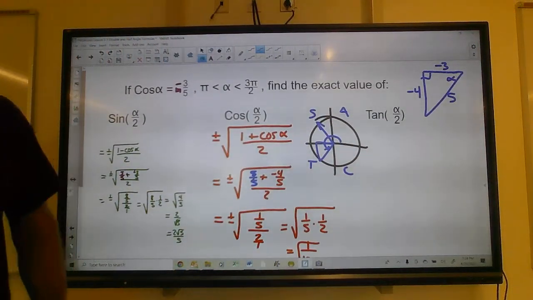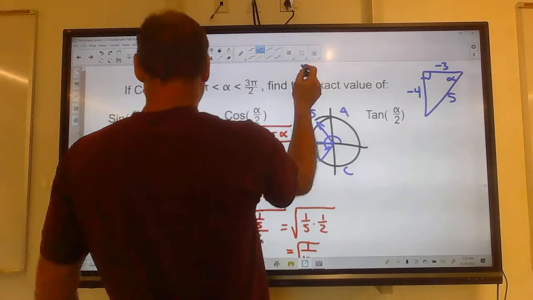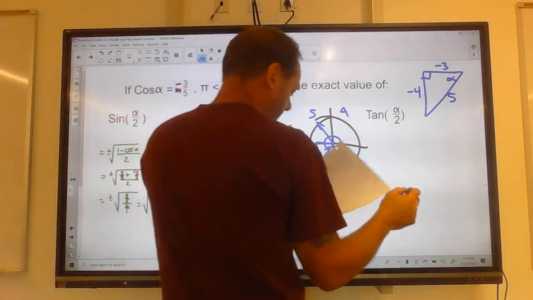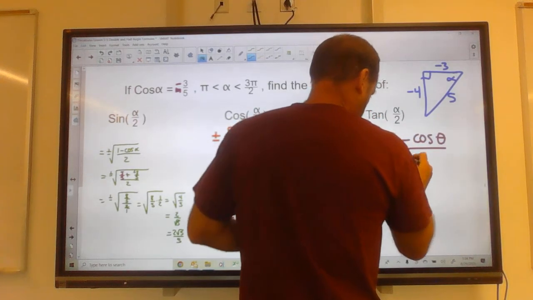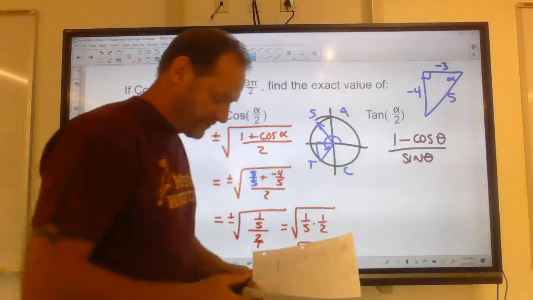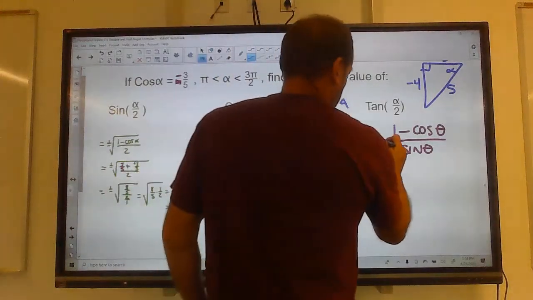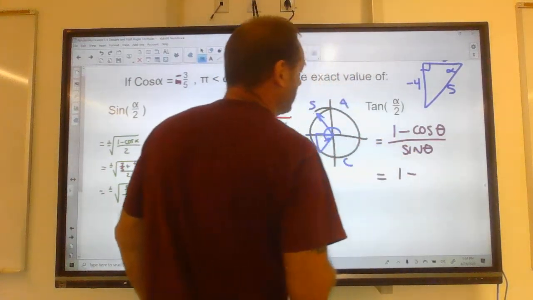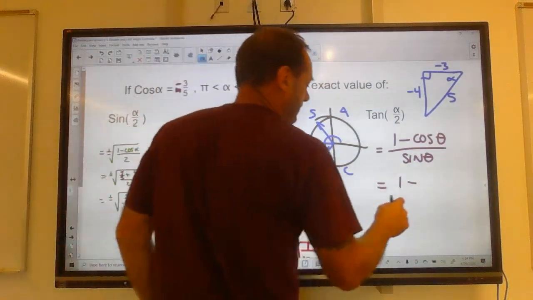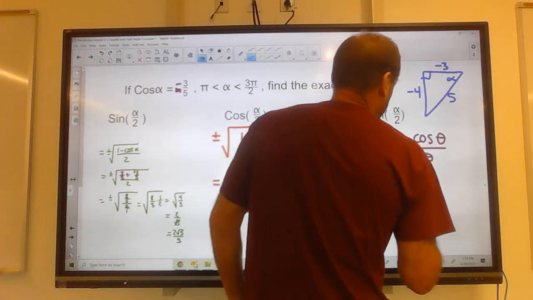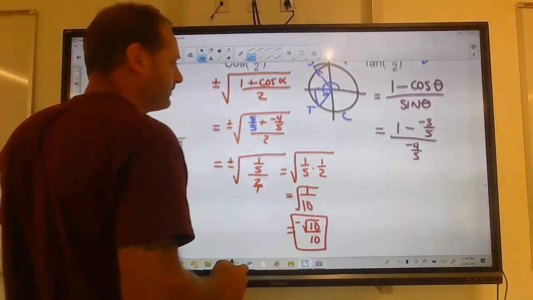Okay, finally the tangent. So the half angle formula, this is going to be 1 minus cosine theta over sine theta. This is actually the easiest one here. So the cosine, this is going to be 1 minus the cosine, which is negative 3/5, over the sine, which is negative 4/5.